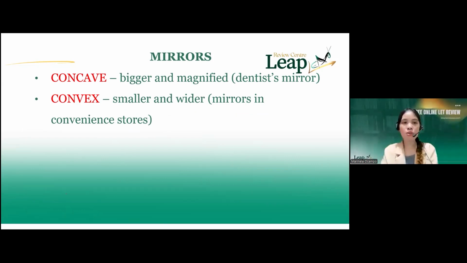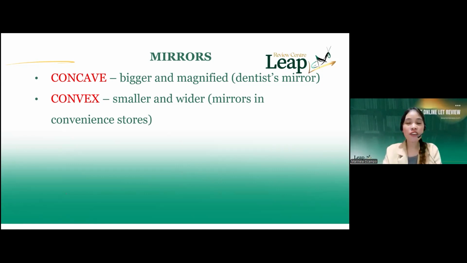Aside from the mirrors of vehicles, we have the mirrors in convenience stores, like for example, 7-Eleven, where you usually take your mirror shot. That specific mirror is an example of a convex mirror. It is used, of course, to prevent shoplifting.